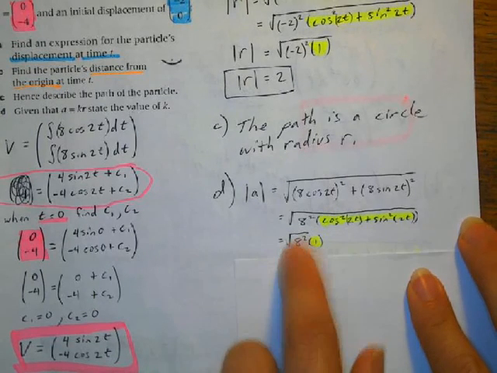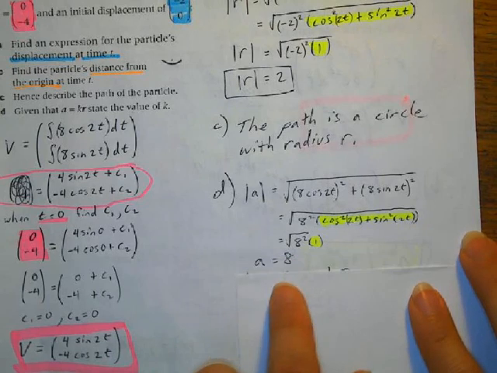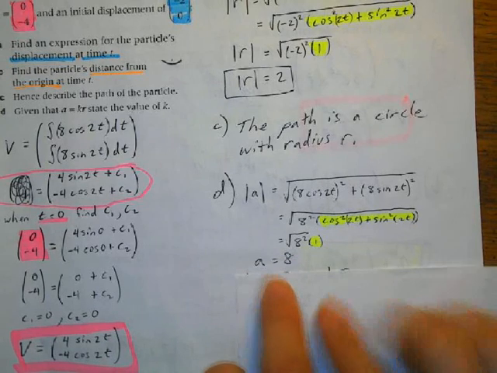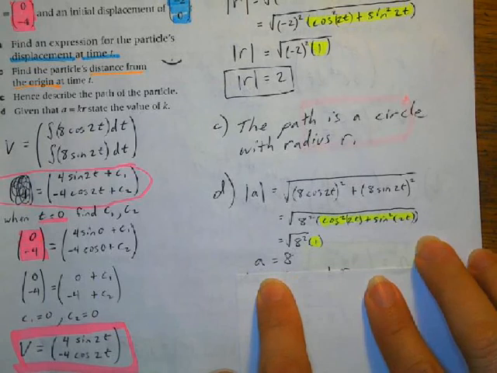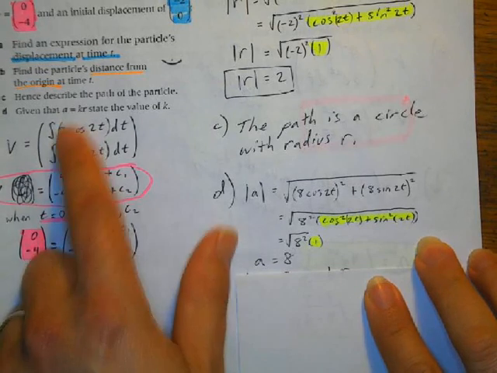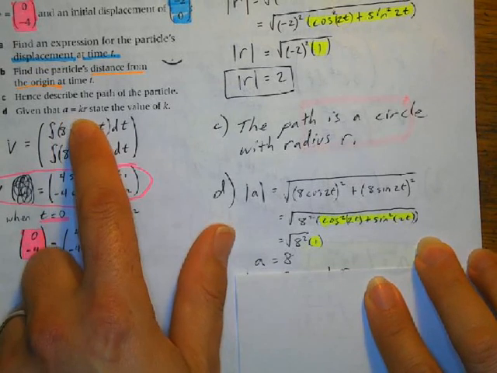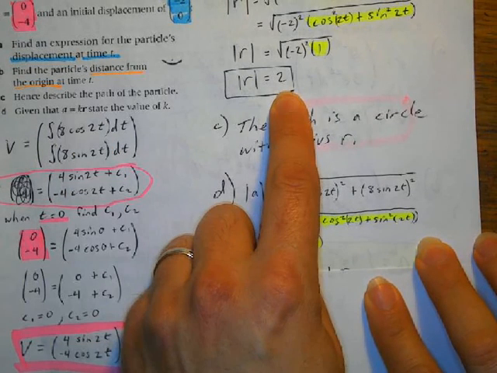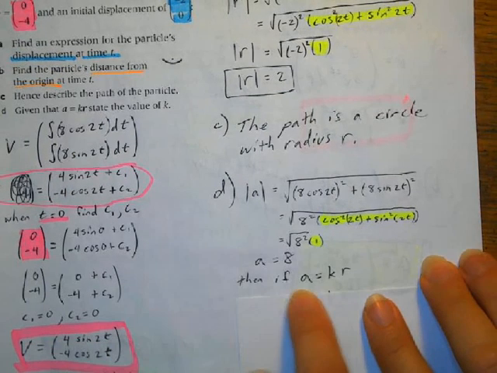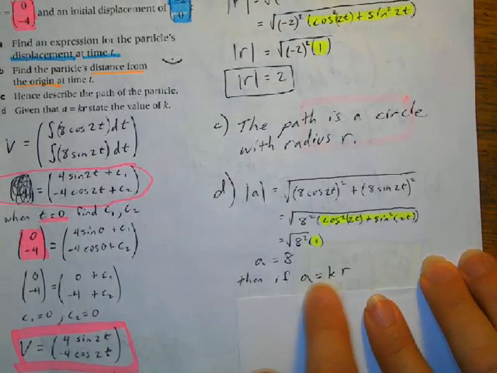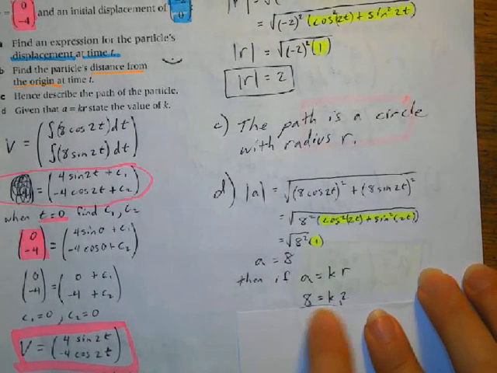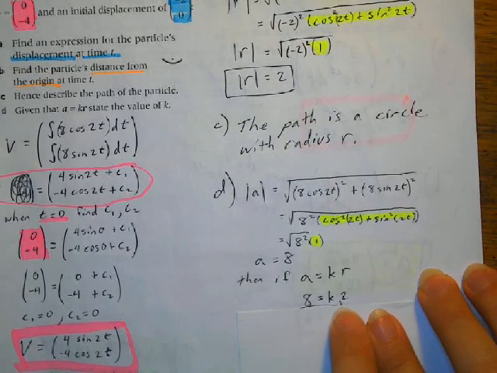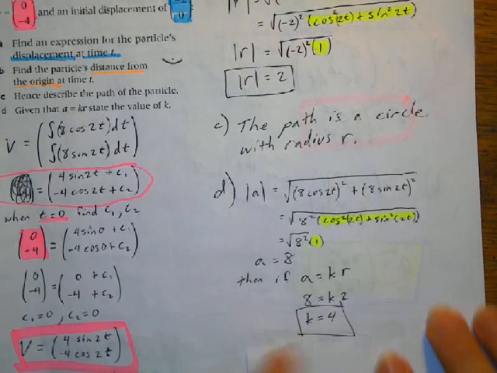And the square root of 8 squared is 8. So my value of A is 8. Okay. So we know A, and R we just found out was 2, didn't we? So if A equals KR, and if we know A is 8 and R is 2, then K has to be, divide both sides by 2, K has to be 2.